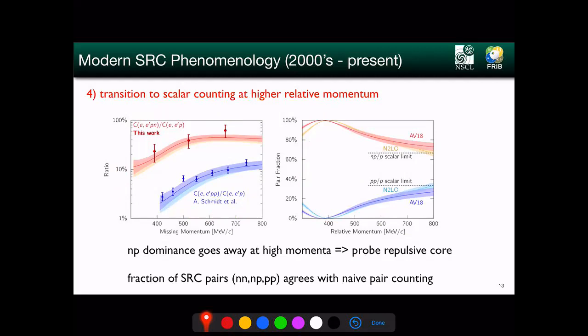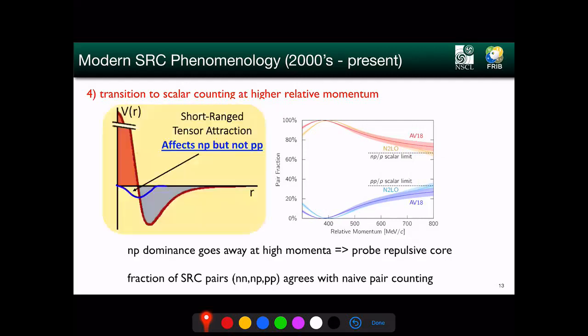But as you go up further in momentum, the values relax to what you would get from this naive pair-counting argument. The way this is interpreted is that in this limit you're no longer probing the tensor force, but really the repulsive core, which, as I said earlier, acts the same on the different pairs of nucleons. And so this just agrees with what you would get from counting.